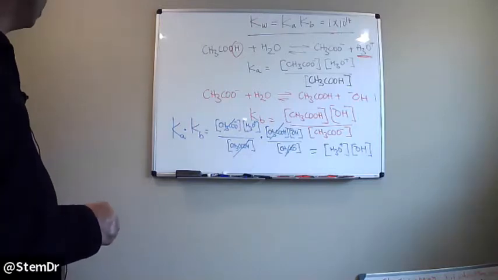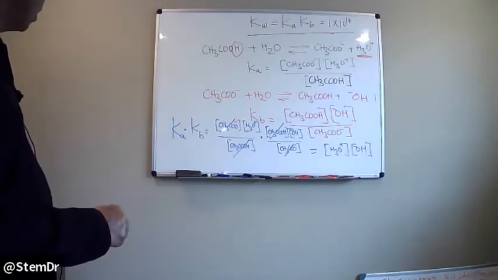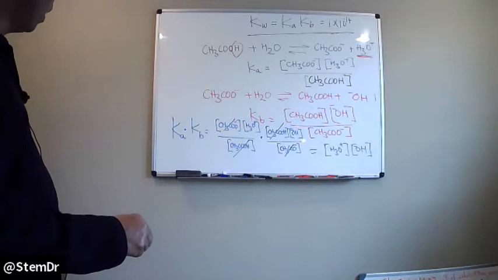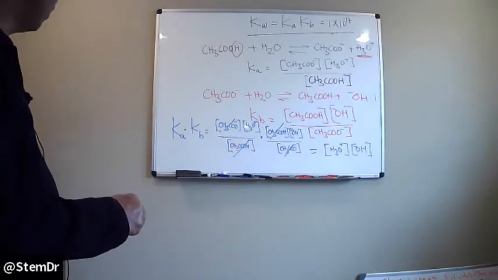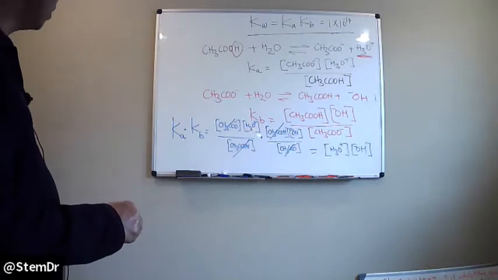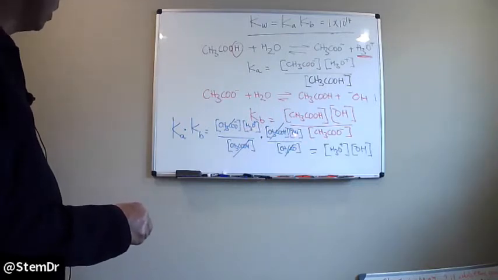What happens is the acetate conjugate base cancels out with the acetate conjugate base, and the acetic acid cancels out with the acetic acid. So the only factors that are remaining would be the hydronium ion concentration and the hydroxide ion.